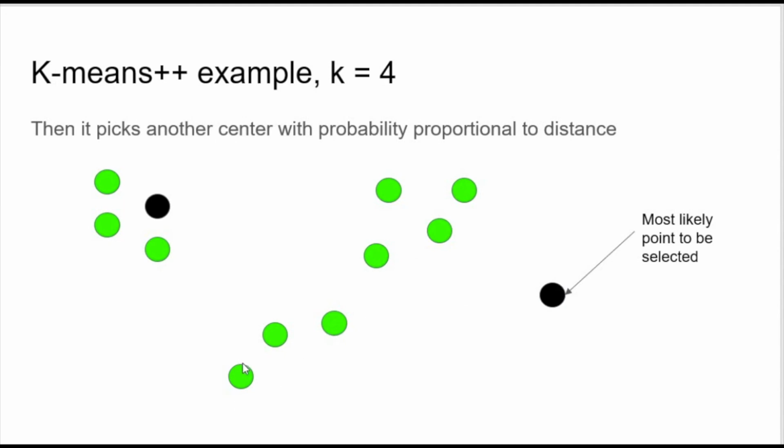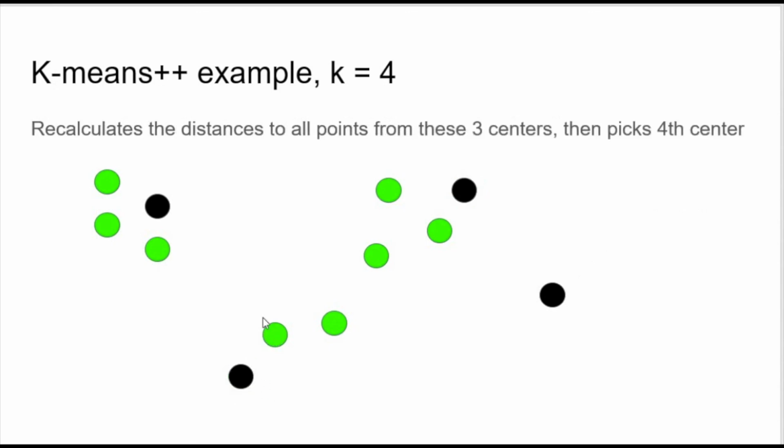Since this green point is furthest away from both of the centers, this green center will be chosen as the third center. And same thing goes for the last center. We'll choose this point as the last center, as it is the furthest away from all 3 previously chosen centers.